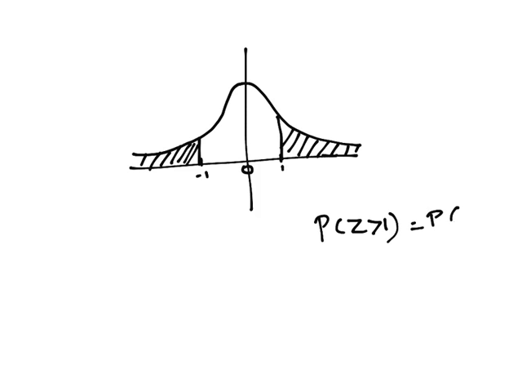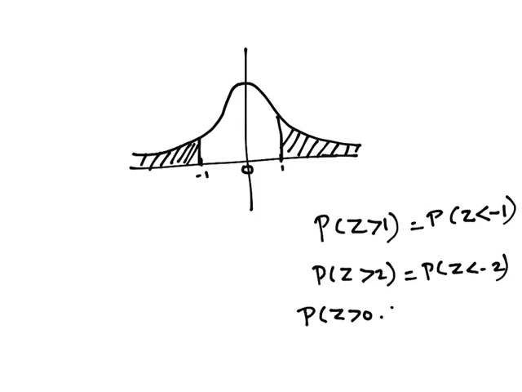So p of z more than 1 and p of z less than -1 will actually be the same. Of course the diagram doesn't look like it, but they are actually the same. In the same way, p of z more than 2 will be equal to p of z less than -2, and p of z more than 0.5 will be the same as p of z less than -0.5.